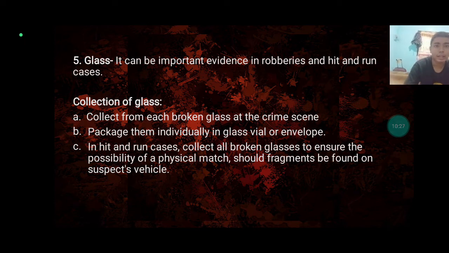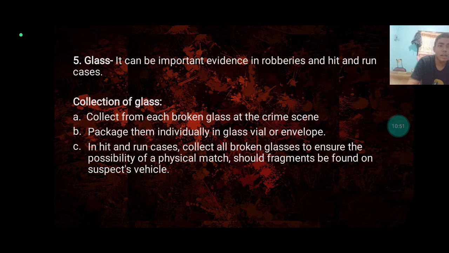So next, glass. It can be important evidence in robbery and hit and run cases. Glass is usually examined to determine whether the evidence samples and the known standard have the same physical properties and trace impurities.